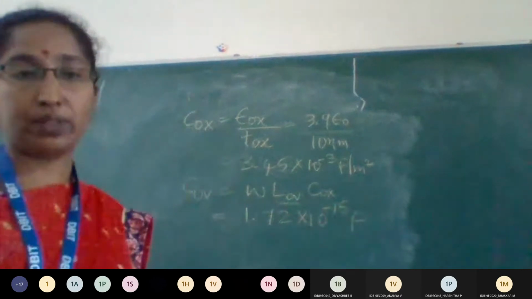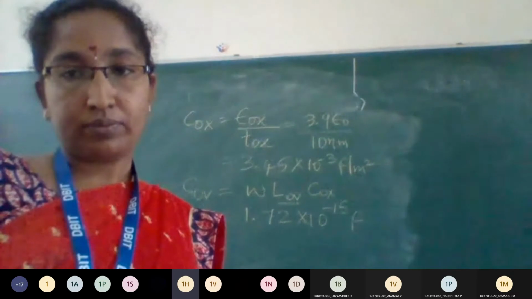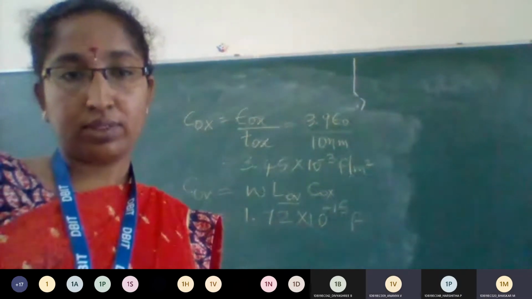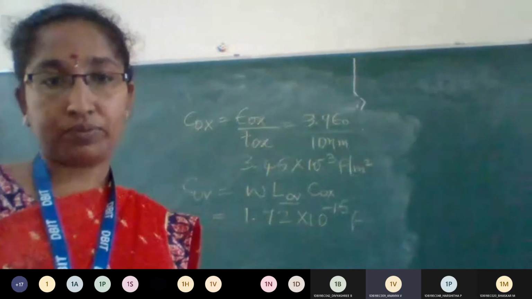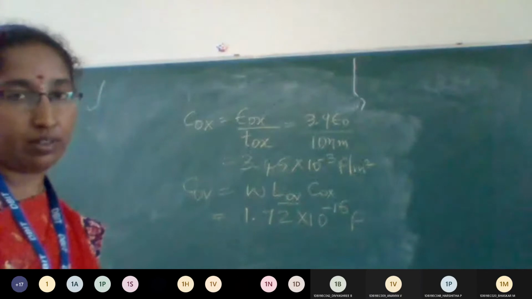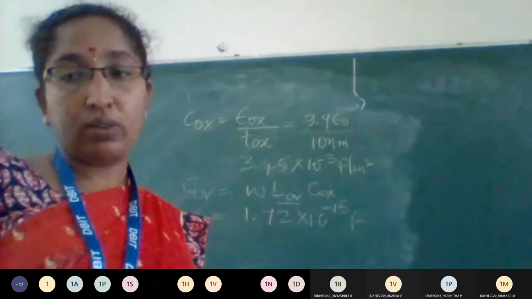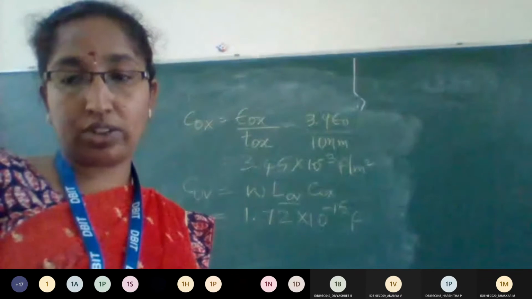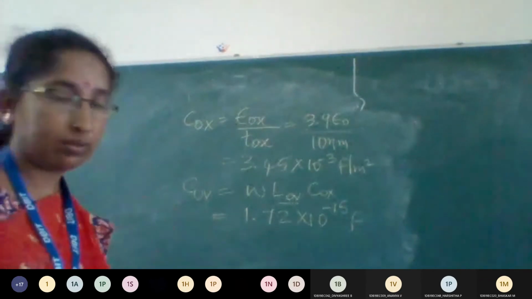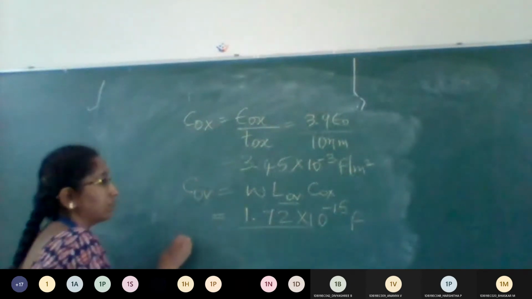What do you call 10 power minus 15, pico or femto? 10 to the power minus 12 is pico, so minus 15 is femto. So you'll get FF, 172 FF I got. So you're telling 1.72 FF. Just cross check which is correct.